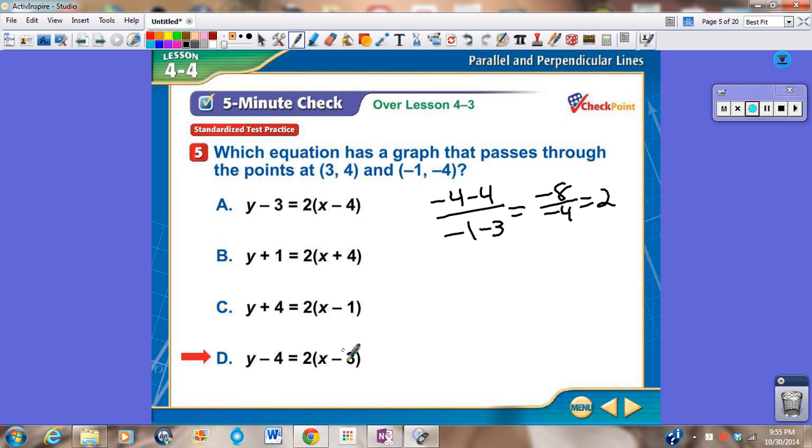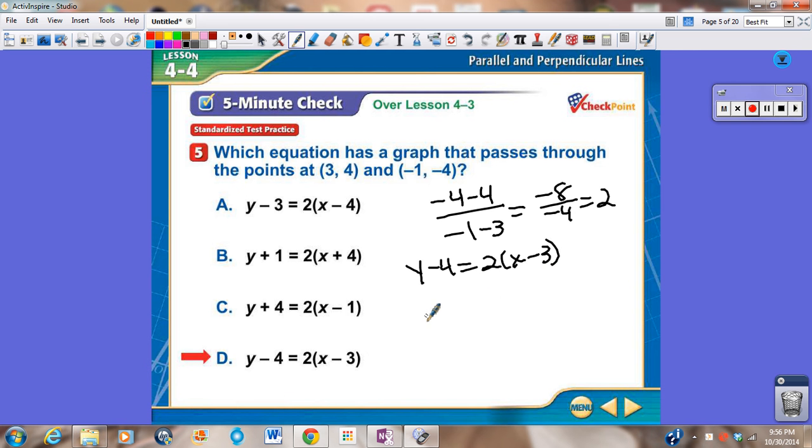So that means you can use any one of these, but you have to have an ordered pair where you're either adding or subtracting. Oh, I'm sorry, yeah. If I use the first ordered pair, I'm going to have y minus 4 equals 2 times x minus 3.